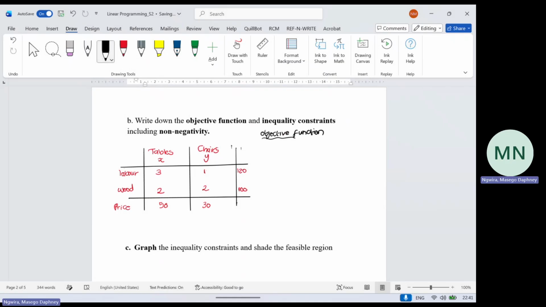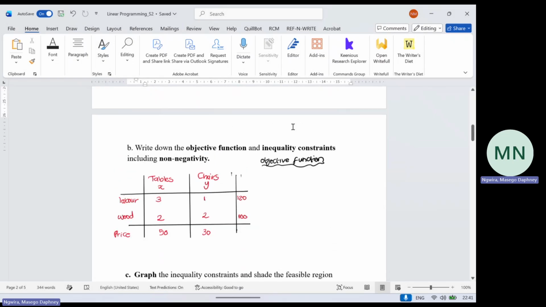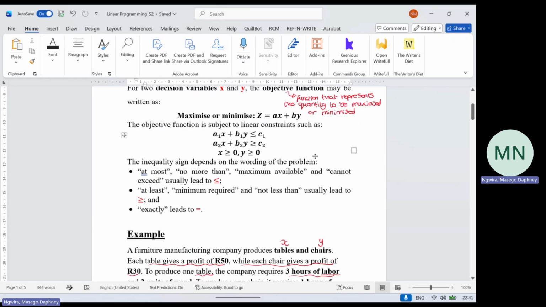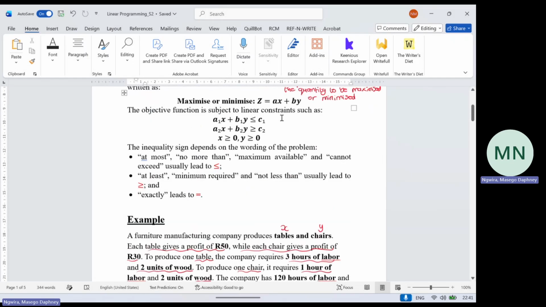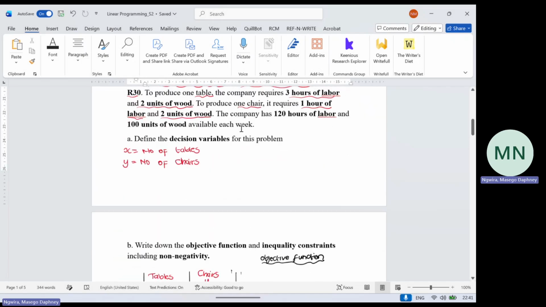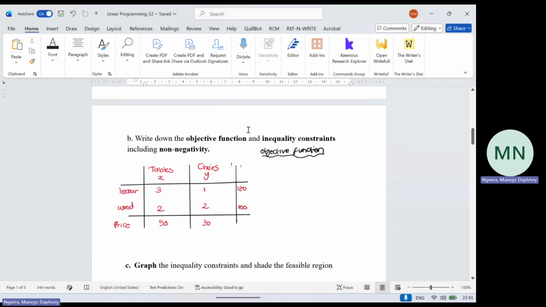We said that the objective function is the function that represents the quantity to be maximized or minimized. So it's ax plus bx. Profit is equal to, so we are maximizing profit here.